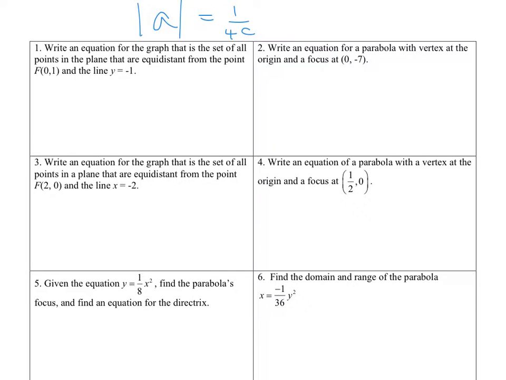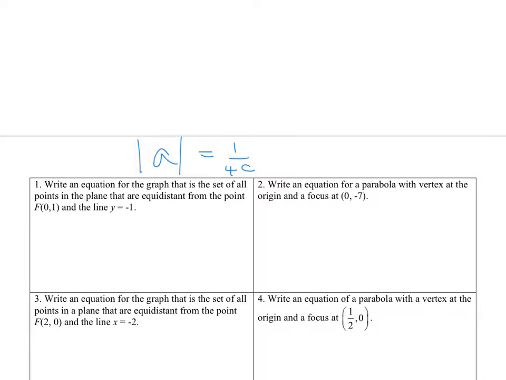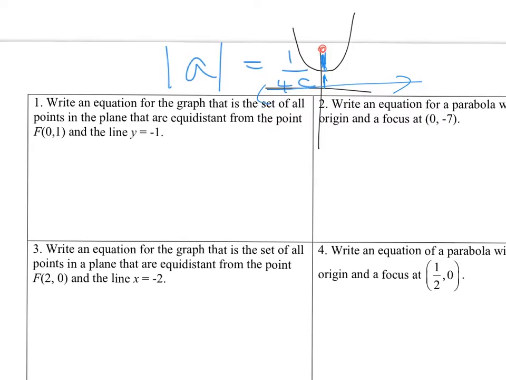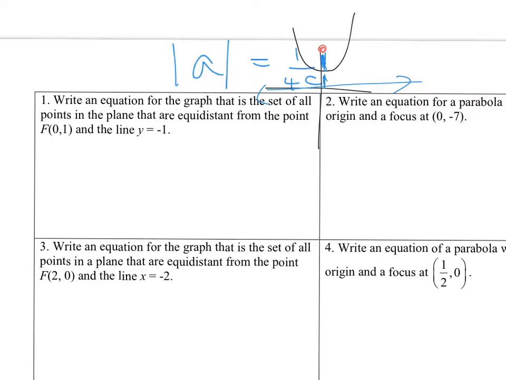Remember what that means: if you have a parabola and your focus is right here, c is the distance between here and here, which is also the same as the distance between the vertex and the directrix.